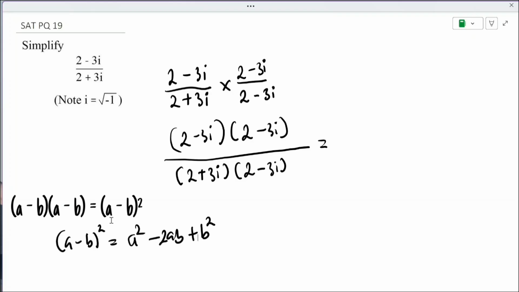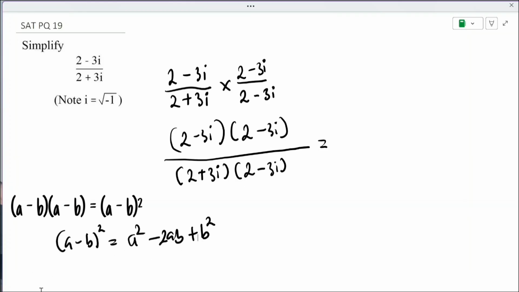If you can do this expansion, you will save a lot of time. But if not, you'd have to multiply 2 by 2, 2 by minus 3i, negative 3i by 2, and negative 3i by negative 3i to get your result for the numerator.